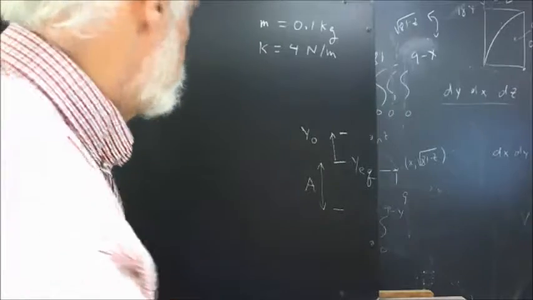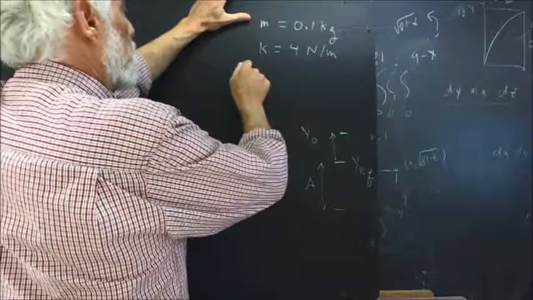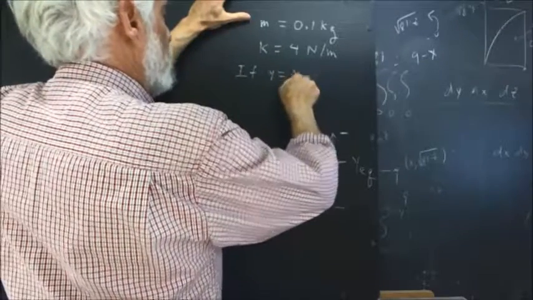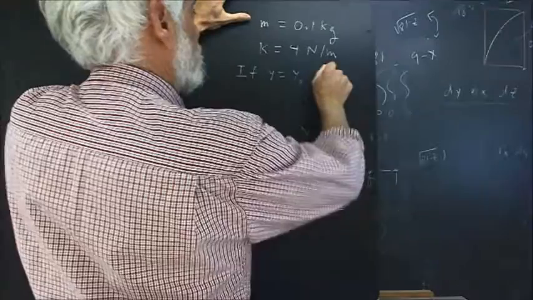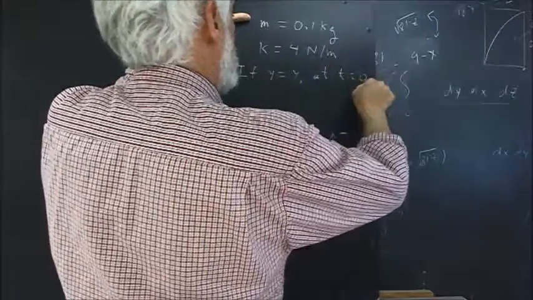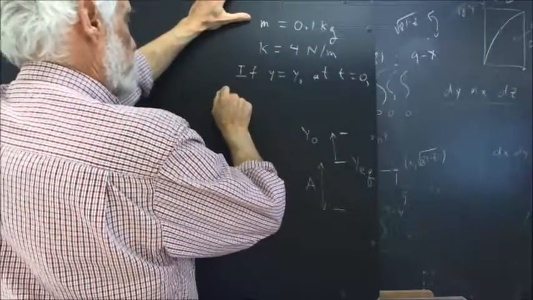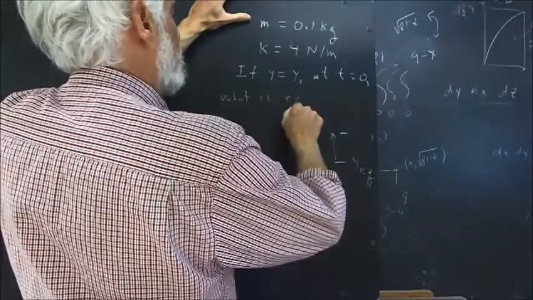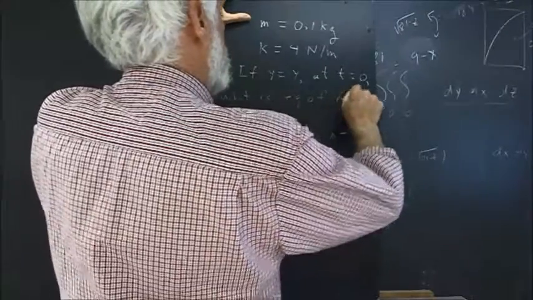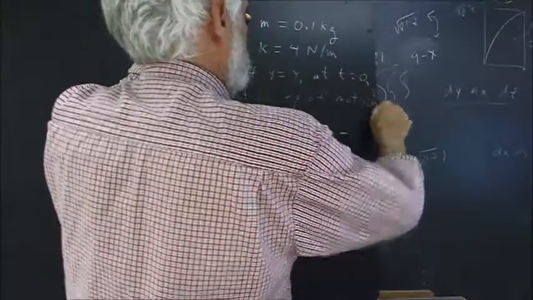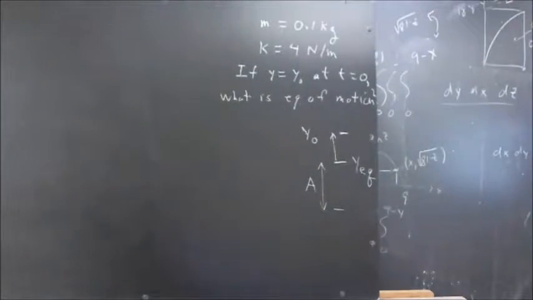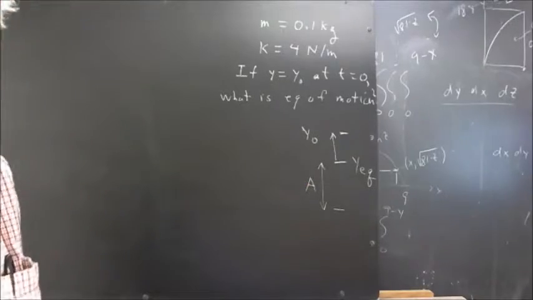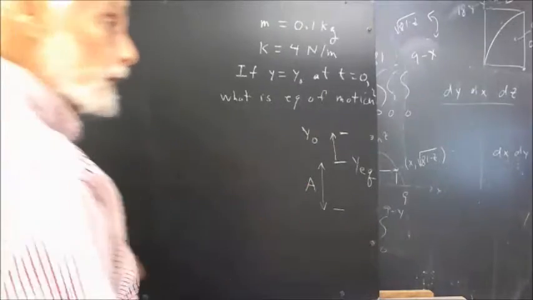What I want to know is if Y equals Y naught at t equals 0, what is the equation of motion in terms of the amplitude and the other quantities that make up the equation of motion?